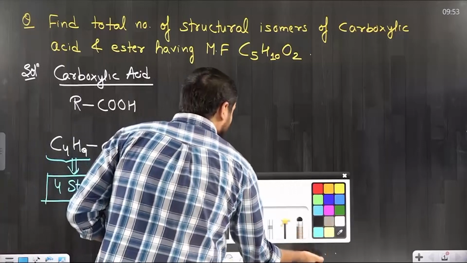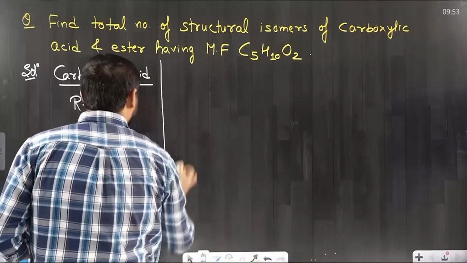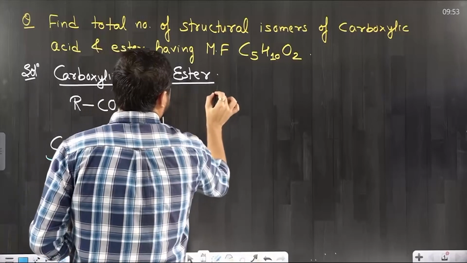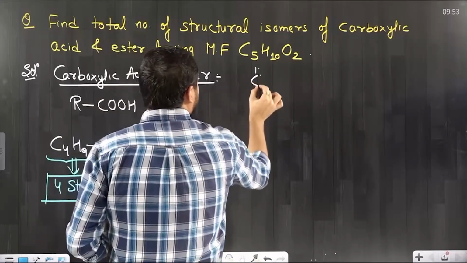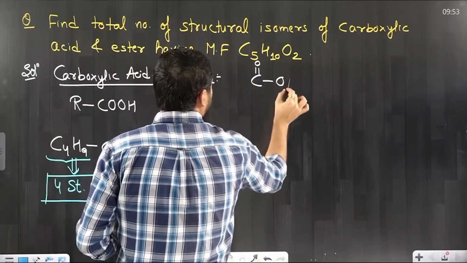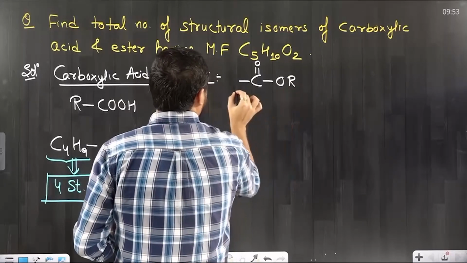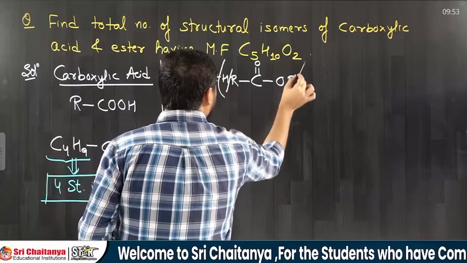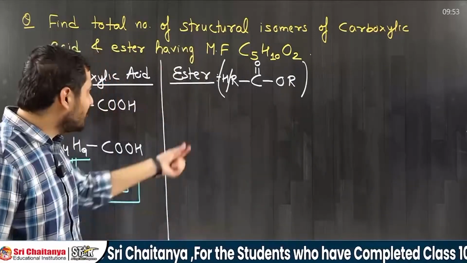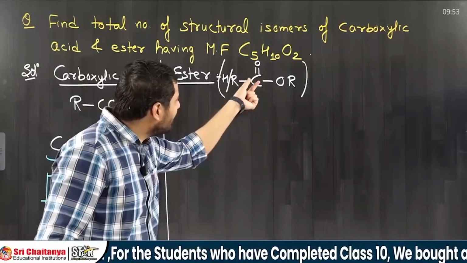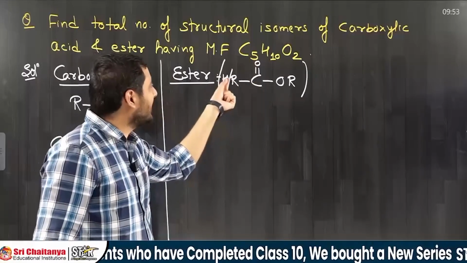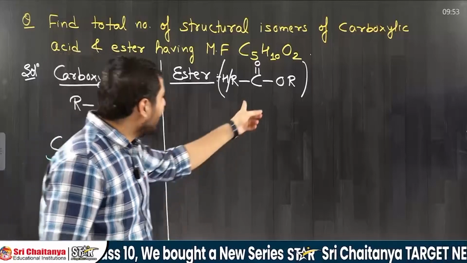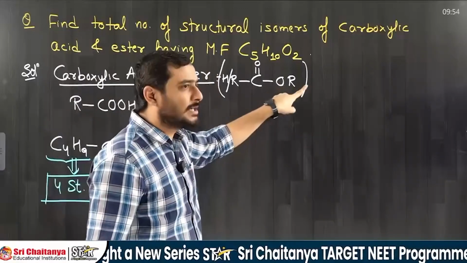Now next is ester. Ester is important. The representation for ester is C double bond O, OR, and on this side either R can be present or hydrogen can also be present. So this is very important. With C double bond O, on this side either an alkyl group is possible or hydrogen is also possible. And on the other side, with oxygen, what is possible? Always alkyl.